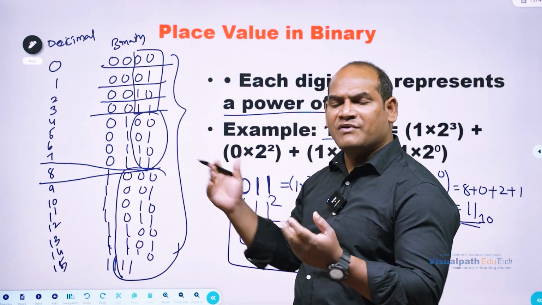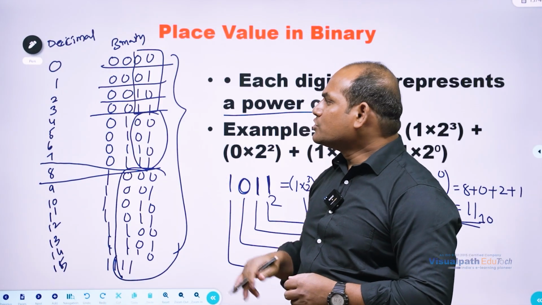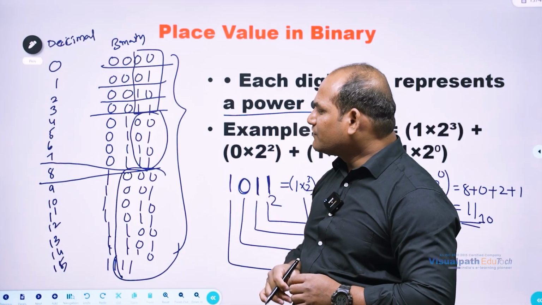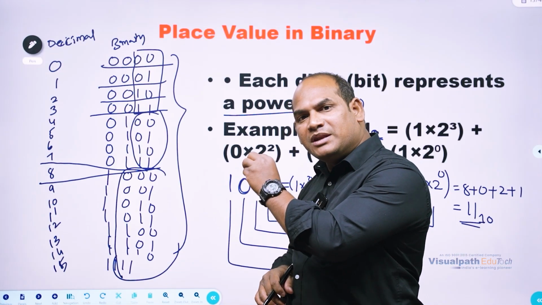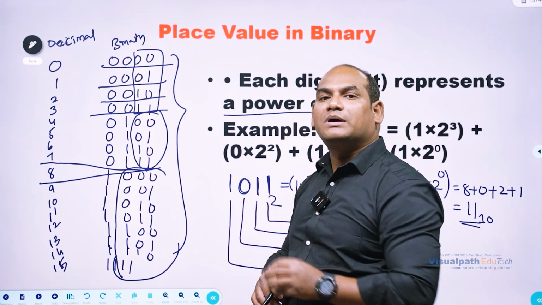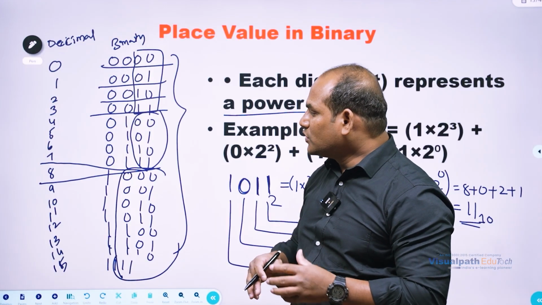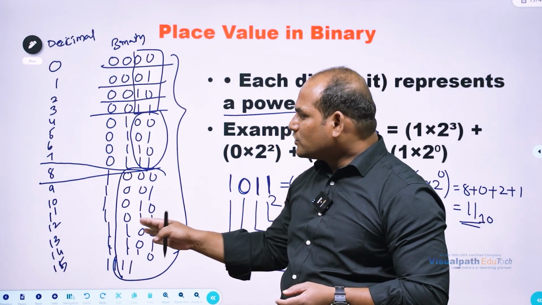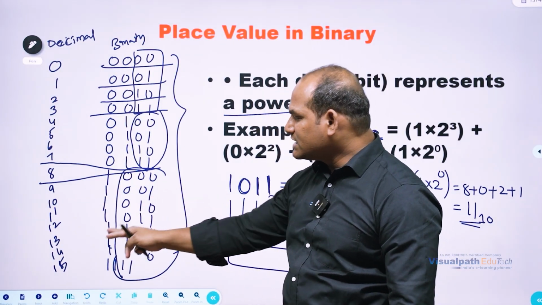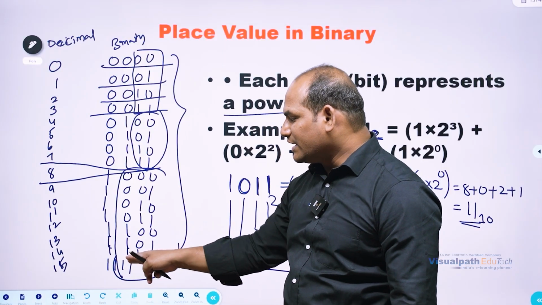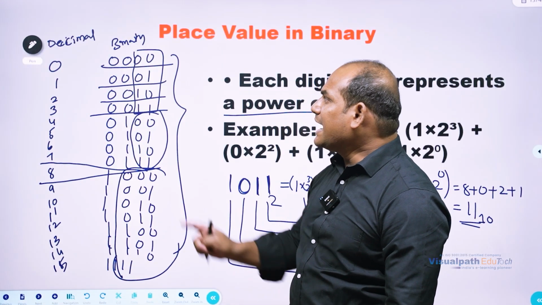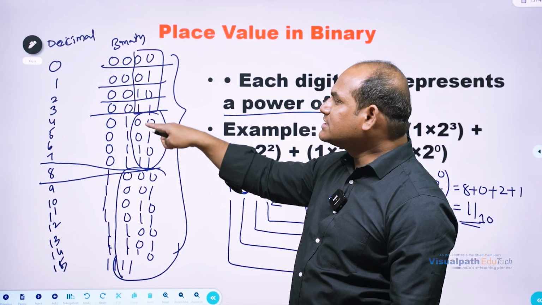The same thing we follow in the decimal number system also. The reason for giving this set of numbers is that these are the minimum conversions you have to remember by default, without manual effort. You need to know what is 10, 1010, what is 13, 1101, what is 15, all four ones, what is 0, 0000, what is 7, 0111.